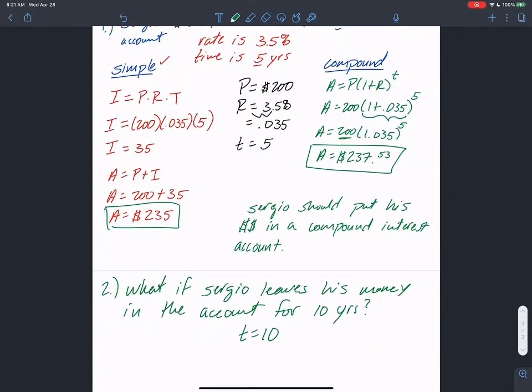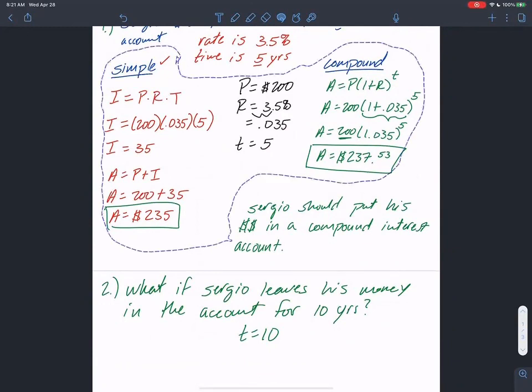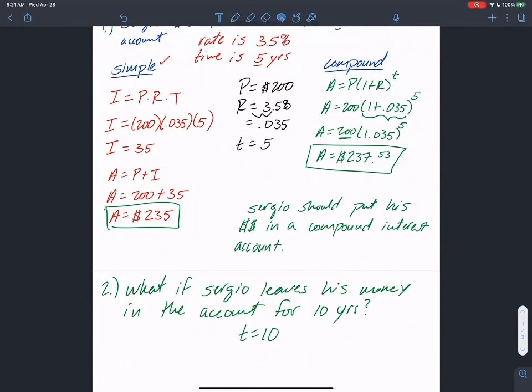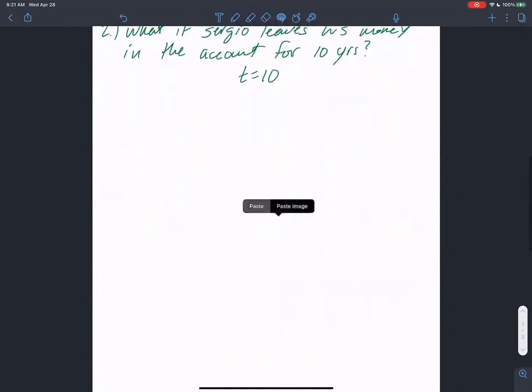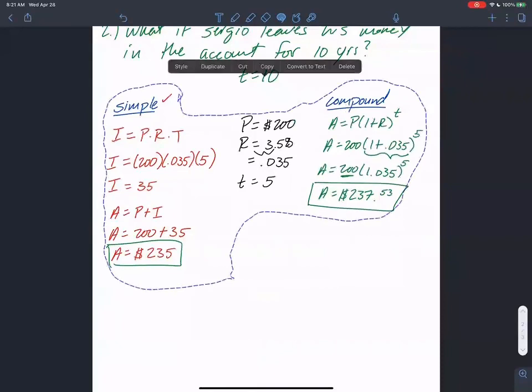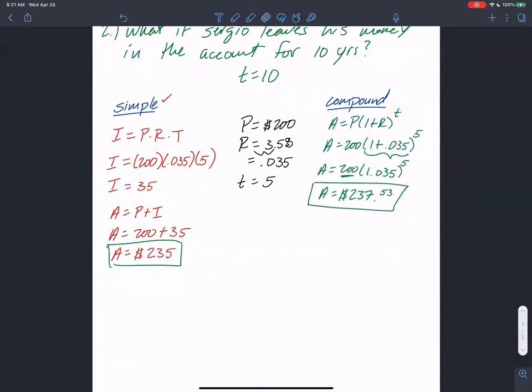And you're going to repeat everything basically. Okay? Now, I'm not going to finish it for you, but I know you guys can't do this, but you're going to replace everything that had 5 years with 10 years. Replace that. Replace that. That. Obviously that.